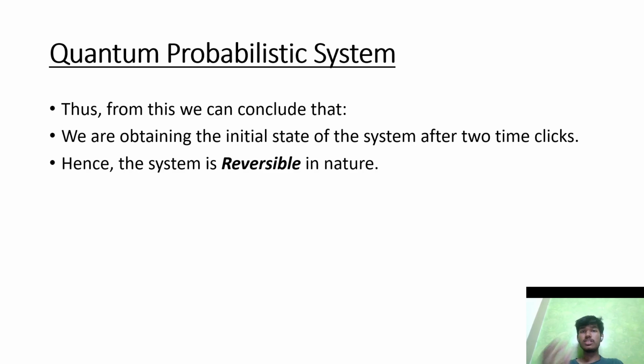But using the quantum probabilistic system, after we express the probabilities in complex numbers, we can see that the initial state of the system is getting returned back to us. That means that the system is reversible in nature. Thus, using the quantum probabilistic system, we can get reversible systems.